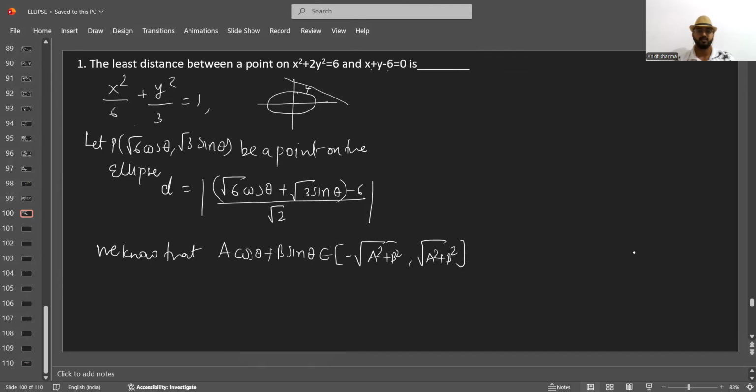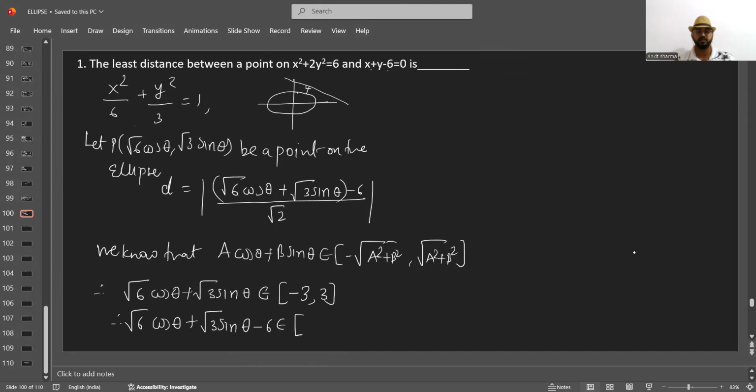So root 6 cos theta plus root 3 sin theta belongs to minus 3 to 3, since a square plus b square is 9. Now we have here minus 6, which is a constant, so we subtract 6 from the entire range. I get minus 9 to minus 3.